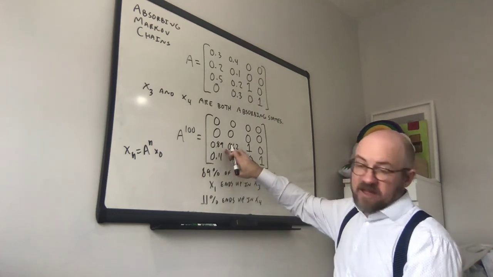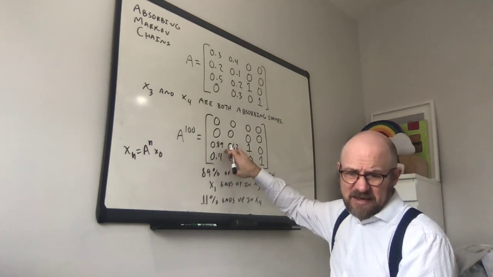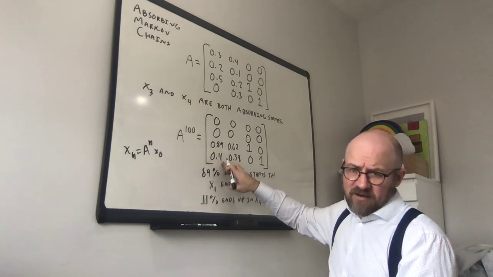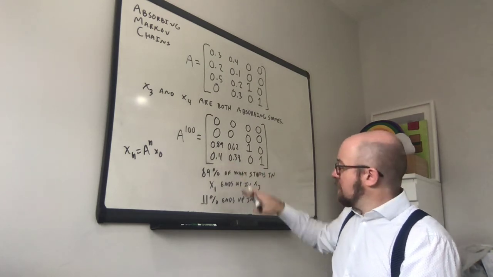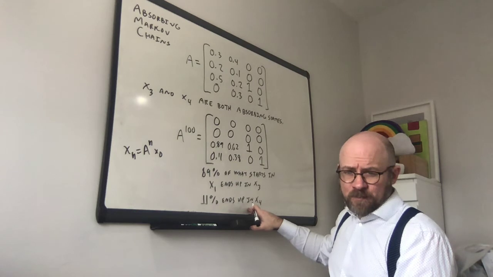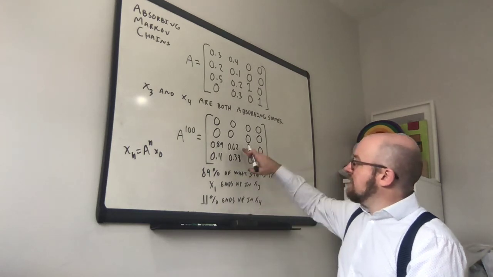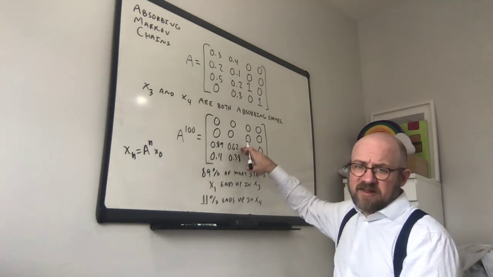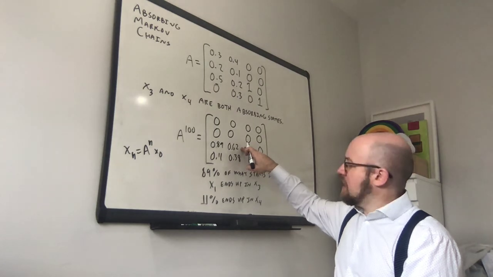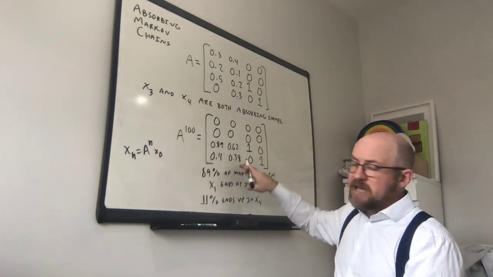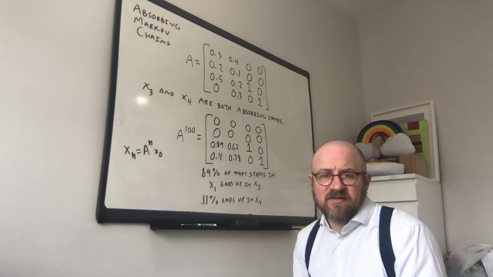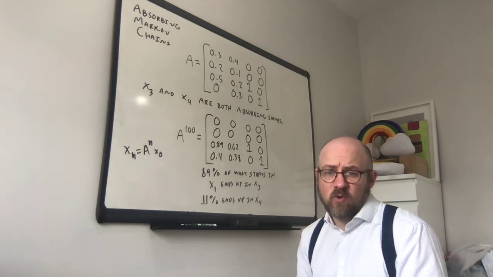Similarly, 62% of what starts in x2 ends up in x3, and 38% of what starts in x2 ends up in x4.